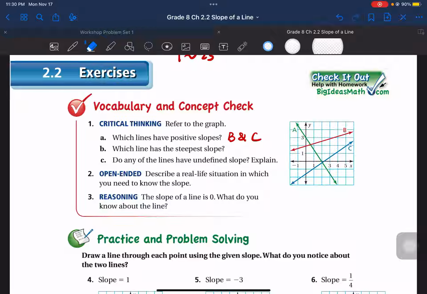So let's see. Line B is obviously flatter than the other two lines. So let's check line C and line A. For line C, let's pick these 2 points.